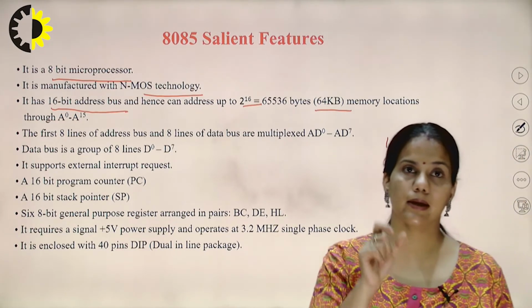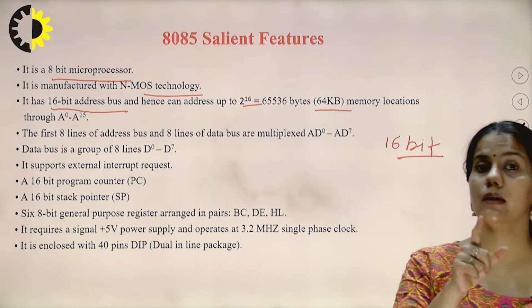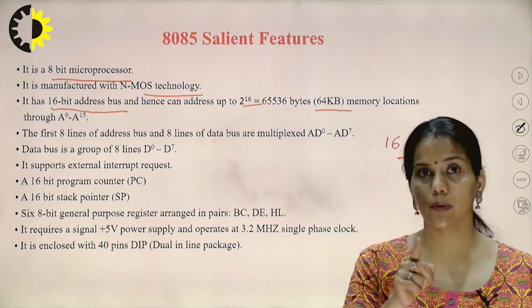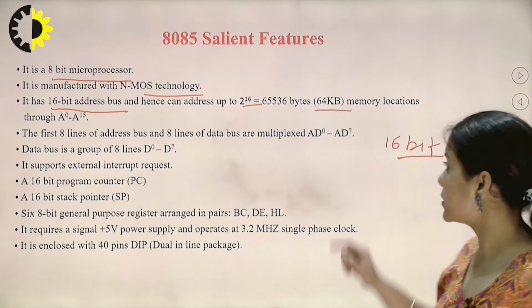And what is it carrying? It is carrying the addresses of the memory locations. So basically, how many memory locations can it address? 2 raised to power 16. So this is how we get this.